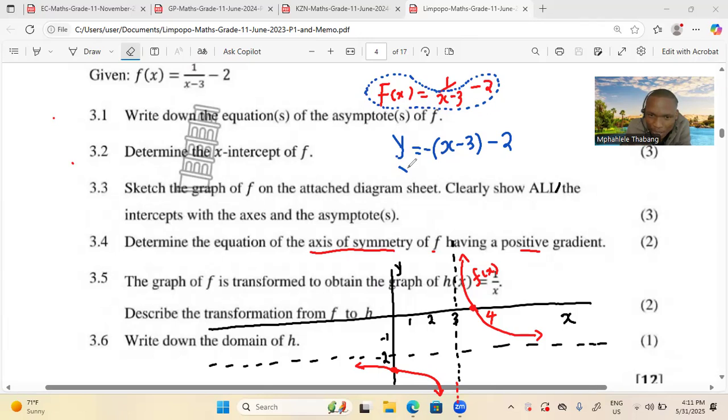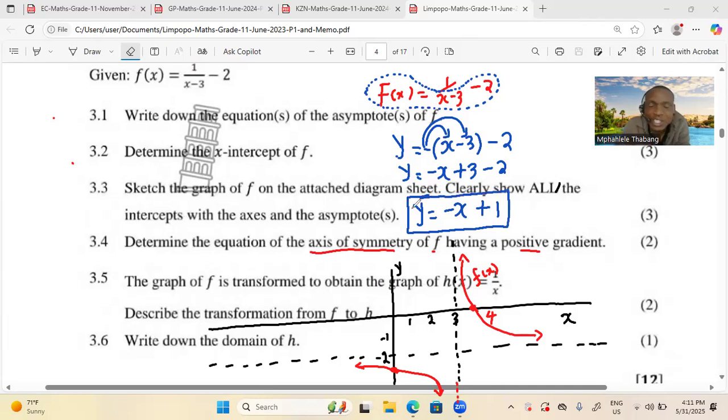Now y equals negative times x is negative x. Negative times negative 3 is positive 3, minus 2. Y equals minus x plus 1. So this is the axis of symmetry which has a negative gradient.